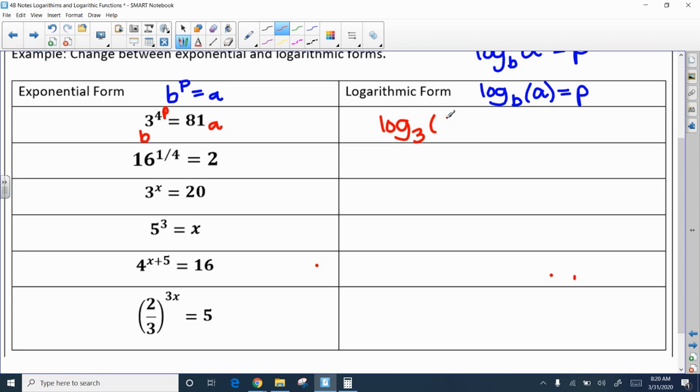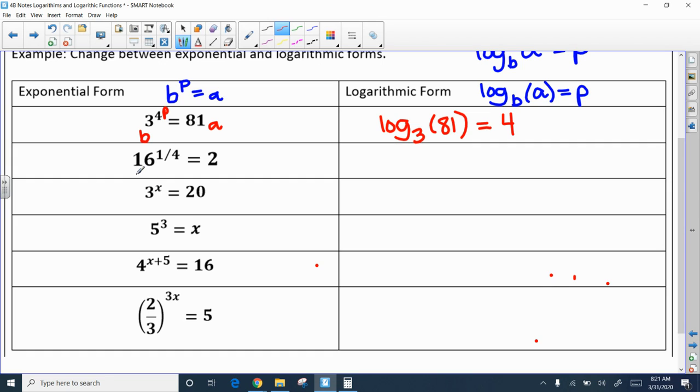So a is 81. Here was our a, we labeled it earlier, and then that's equal to the power. It's equal to p, so that's equal to 4. And like I said, you don't have to have parentheses around the 81, but you can see it with parentheses. It helps us to know what we're taking the logarithm of. Now, one thing to notice is when I write this, the log and the 81 are in line. The 3 is a subscript, so that means it's written smaller and lower than the other ones.